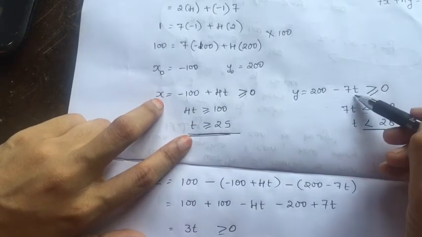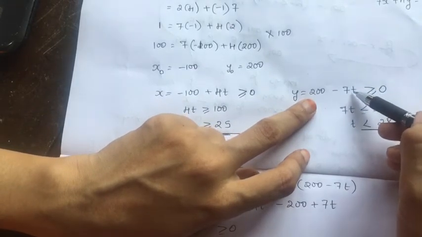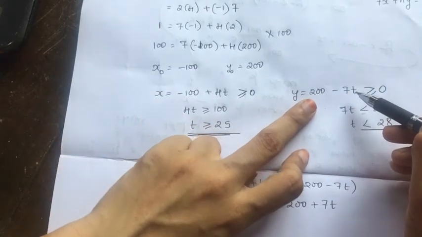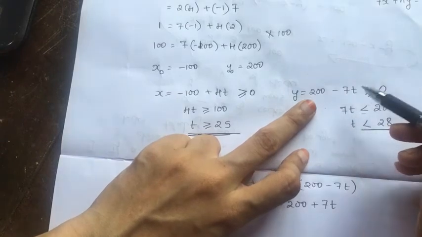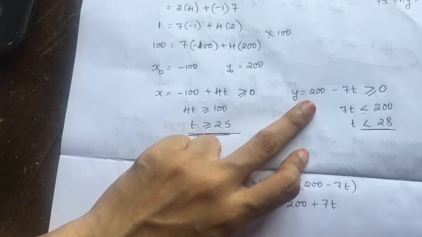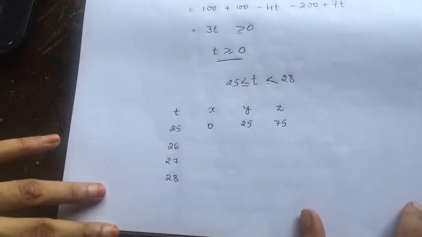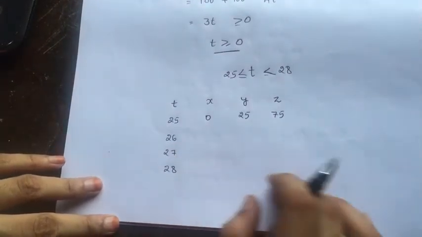Then here I'm putting t value as 25, so that the value of y is 25 and value of z becomes 75. So like that I'll fill the table.